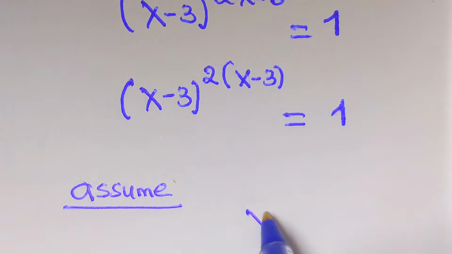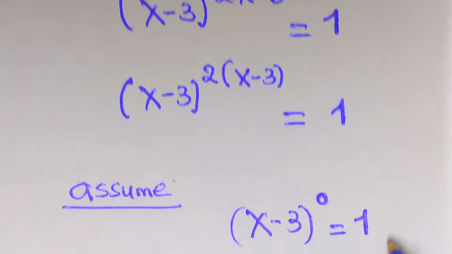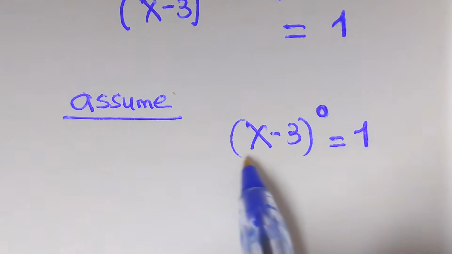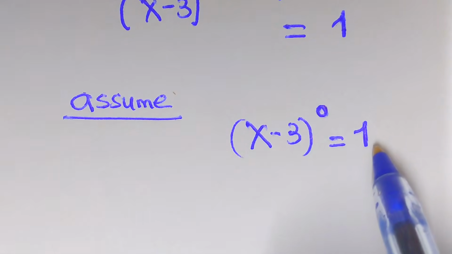If x minus 3 is raised to the power of 0, it will be equal to 1.